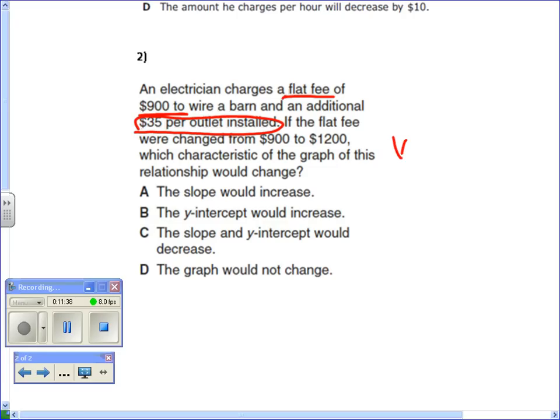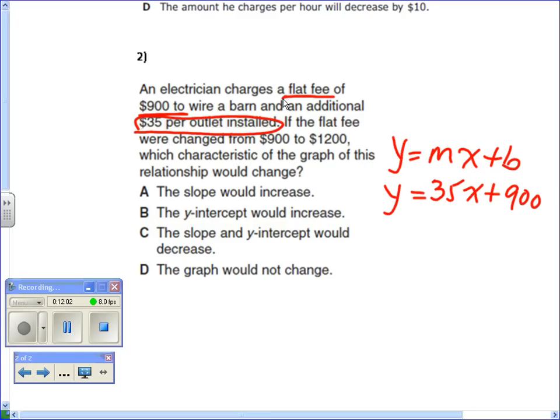So if I wanted to write my equation y equals mx plus b for this first scenario, the electrician would charge a flat amount of $900 with $35 per outlet, which in this case turns out to be the slope. And that's the first situation.